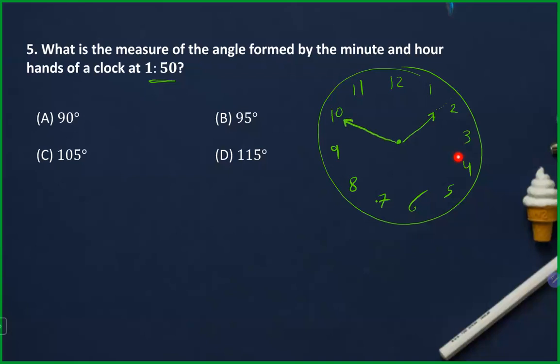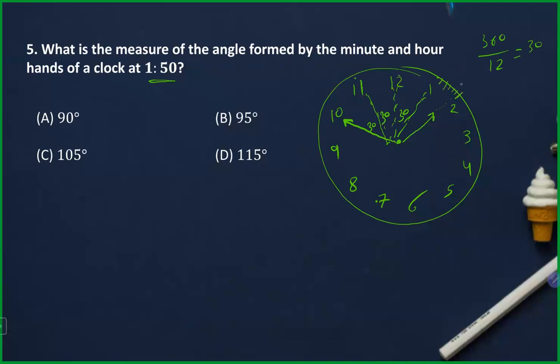So the question is asking what is the angle measure between the two hands. If I divide the clock into 12 pieces, 360 divided by 12 equals 30. So this is 30, this is 30, this is 30. For the last one, remember on the analog clock it's 1, 2, 3, 4, 5, and the last one is 6.